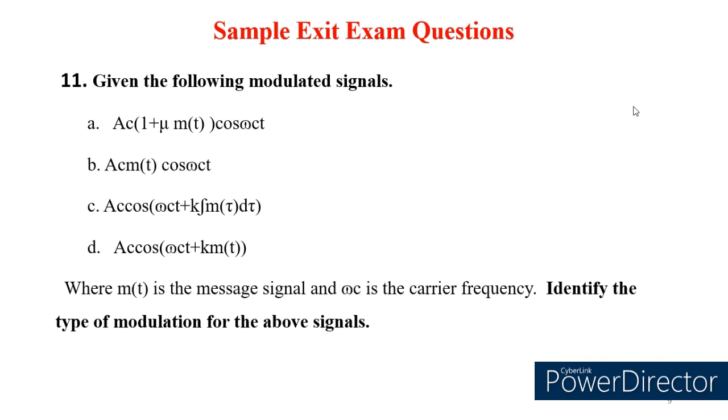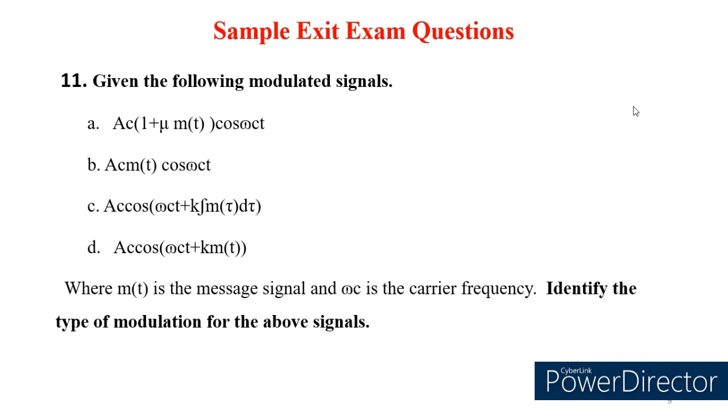So first, A describes or represents the conventional double side band modulation, and the second, B, is double side band suppressed carrier, because the modulated signal of the double side band suppressed carrier is obtained by multiplying the message signal and the carrier signal.